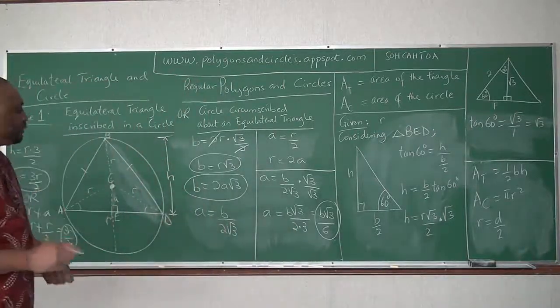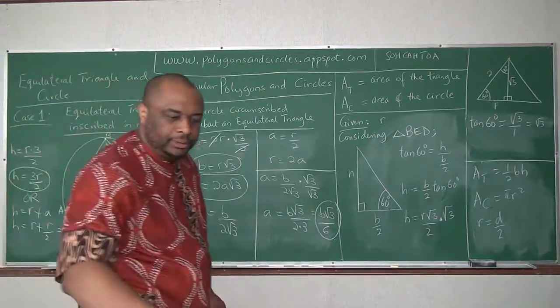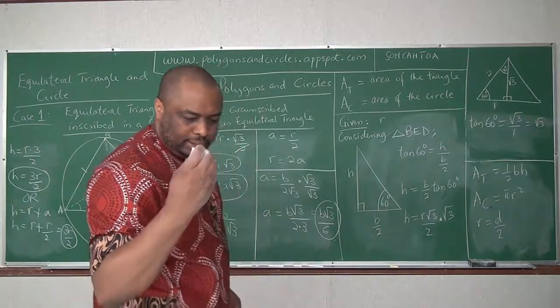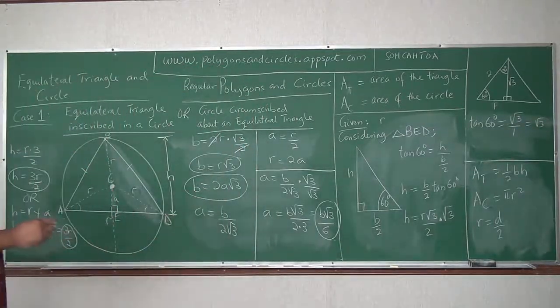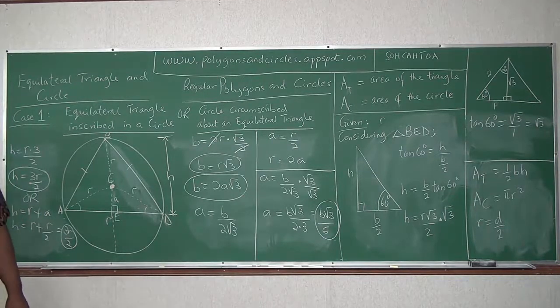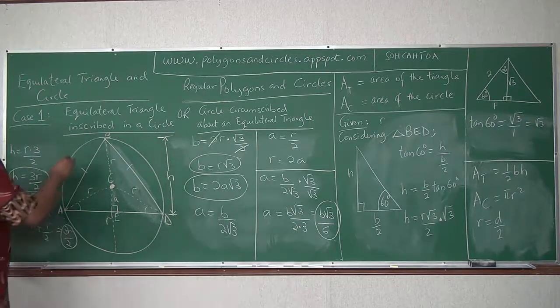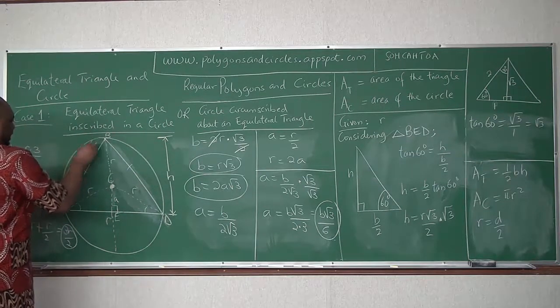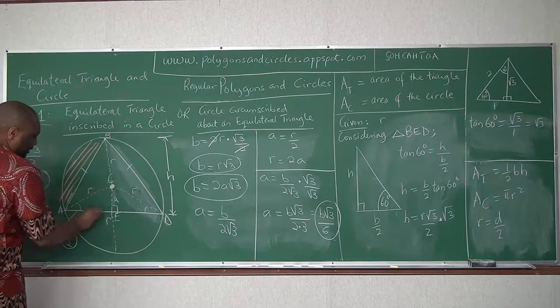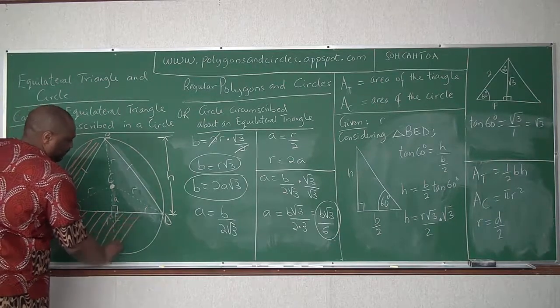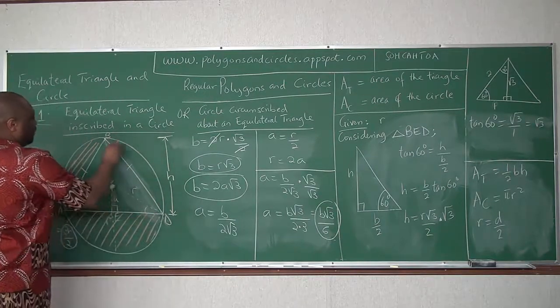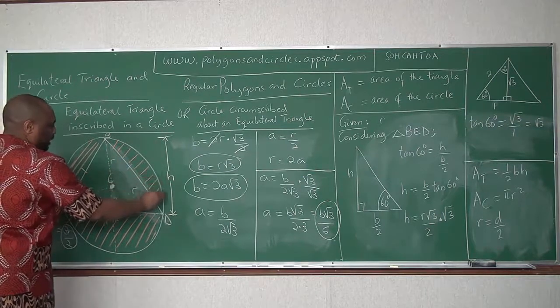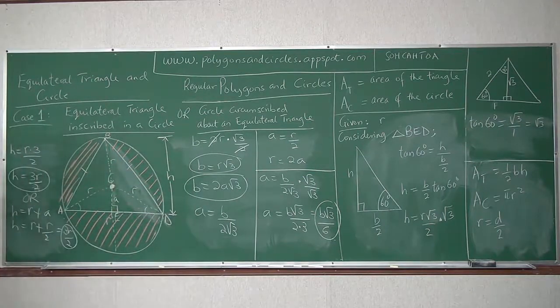Okay, the next question they can ask you, I'm going to use this chalk here, is to find the area of the shaded part. They will shade this here, shade this here, and ask you to find the area of the shaded part.